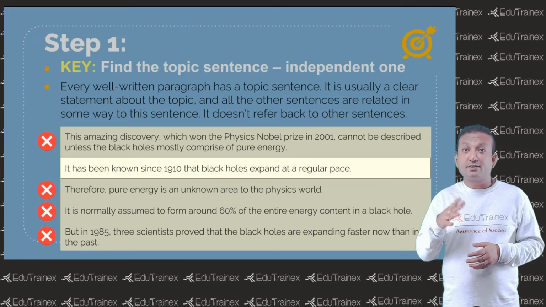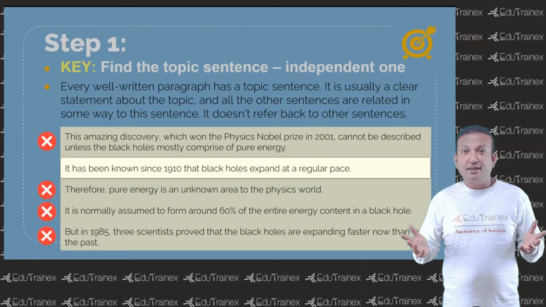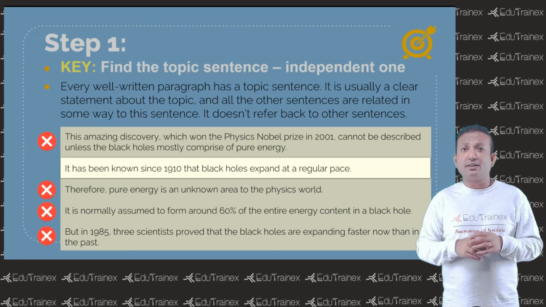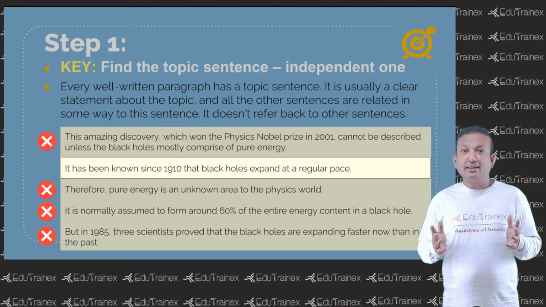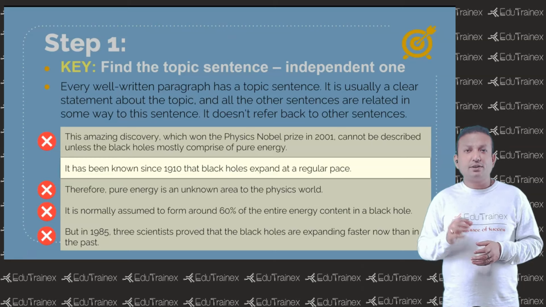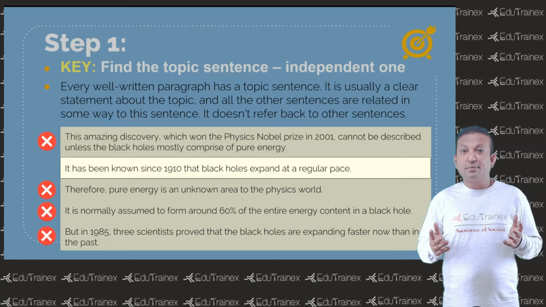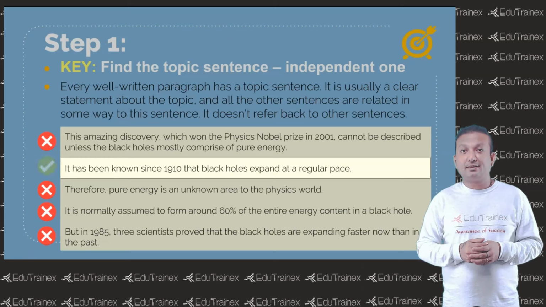Now the second sentence, which is the only one left, let's examine it closely. You might say it starts with "it," which is again a pronoun, so we don't have any independent sentences. But read it closely and see what it says. It says, "It has been known since 1910 that black holes expand at a regular pace." This is a way of saying, which I'll discuss next, how a sentence begins with a pronoun and still can be an independent sentence.